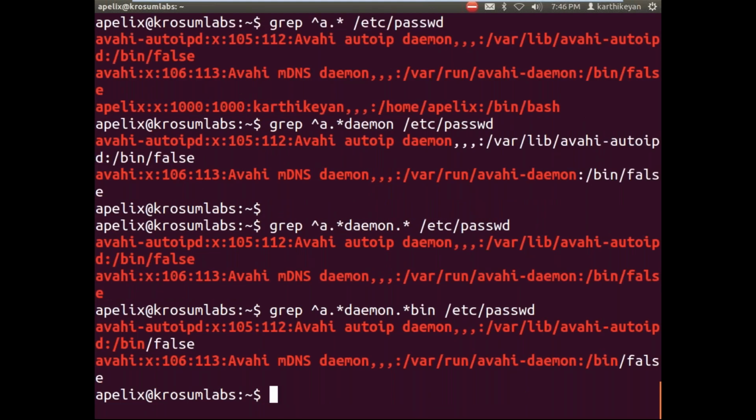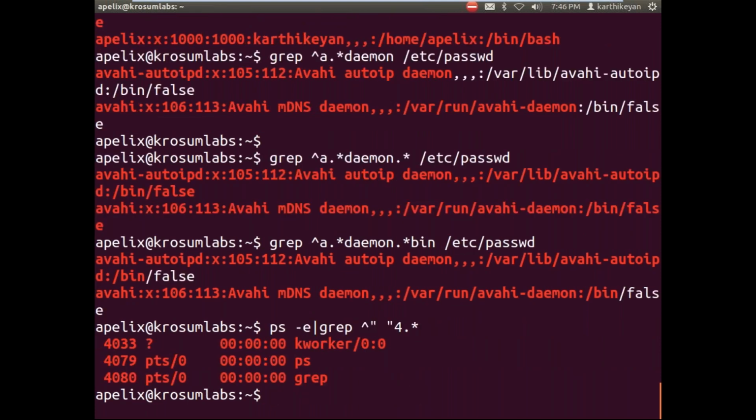So if you don't know the pattern, like a line starts with the space, followed by the number 4, and from 4 a list of everything, list of all like this.